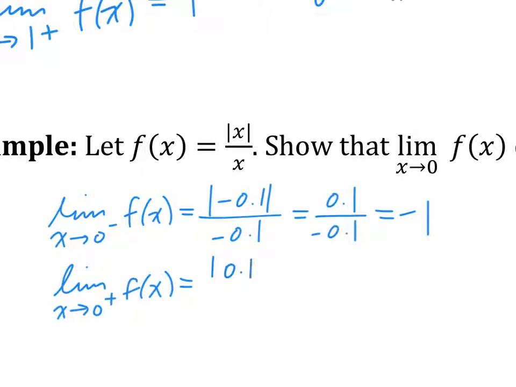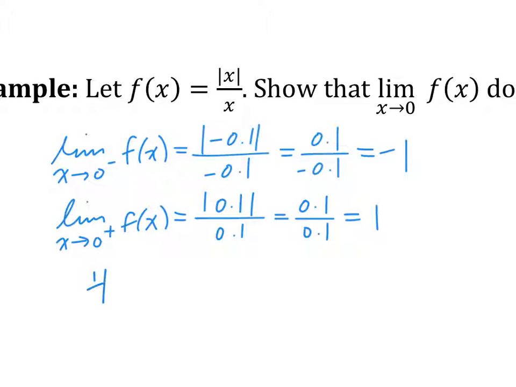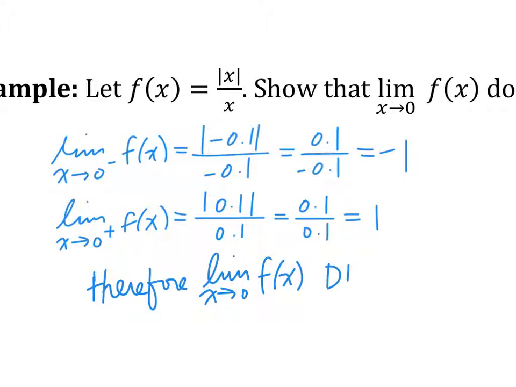So 0.1, absolute value of that over 0.1, that is 0.1 over 0.1, which is 1. So are they going to the same number? No. Therefore, what? Does not exist. Therefore, the limit as x goes to 0 of f of x does not exist.